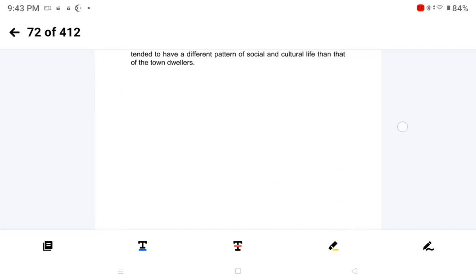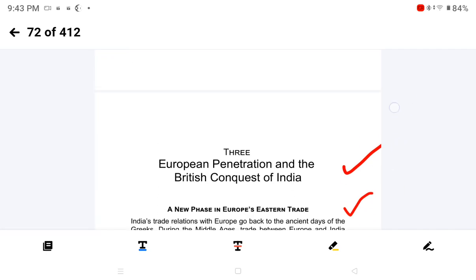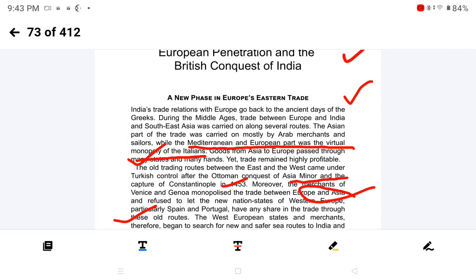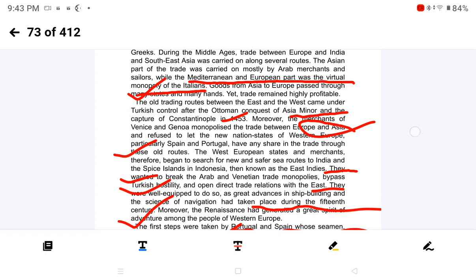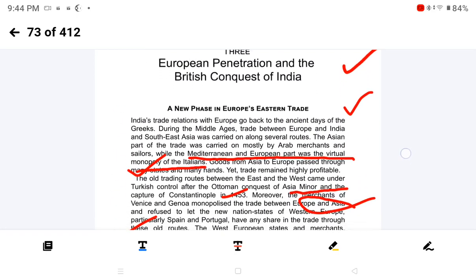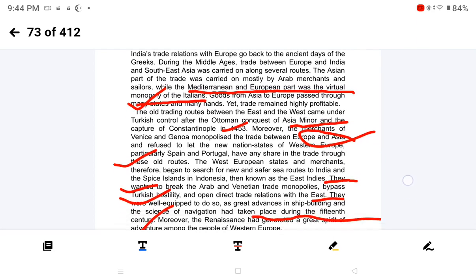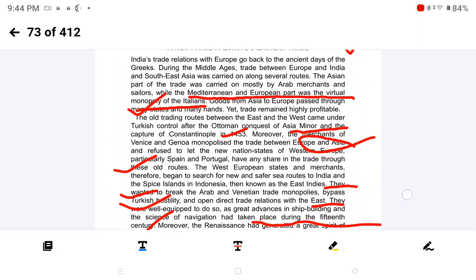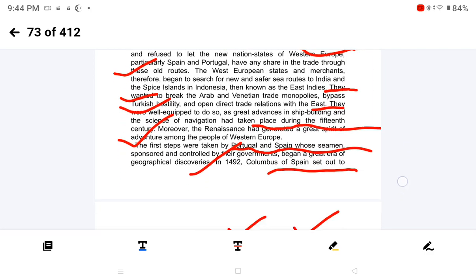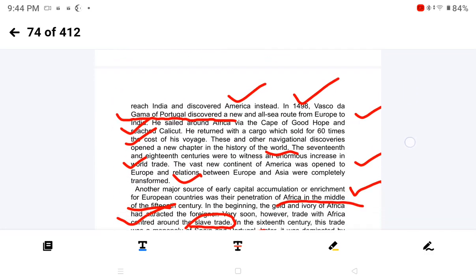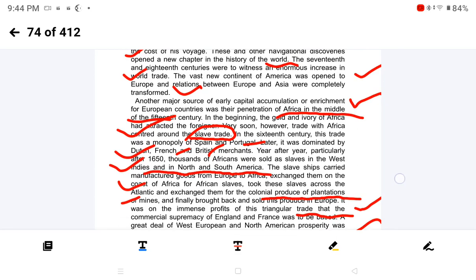So this was the first part of Chapter 3, a new phase in Europe's eastern trade. This part is about how the Portuguese Vasco da Gama first discovered the route to India, and then how the Dutch East India Company entered India.